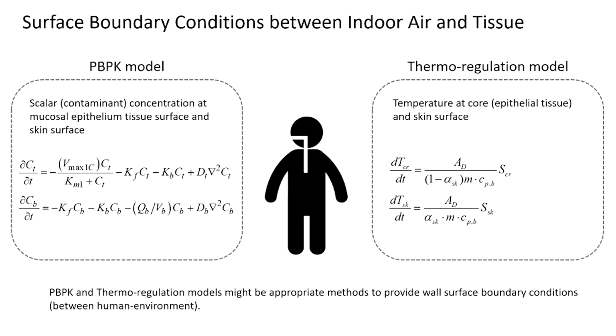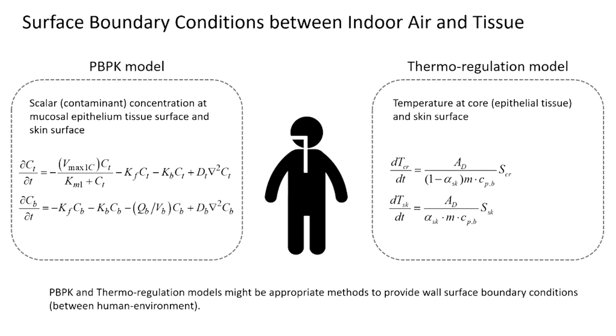In my understanding, in order to analyze the impact of inhalation exposure, the setting of inner surface boundary conditions is critically important, especially between indoor environments and tissue or skin surfaces.